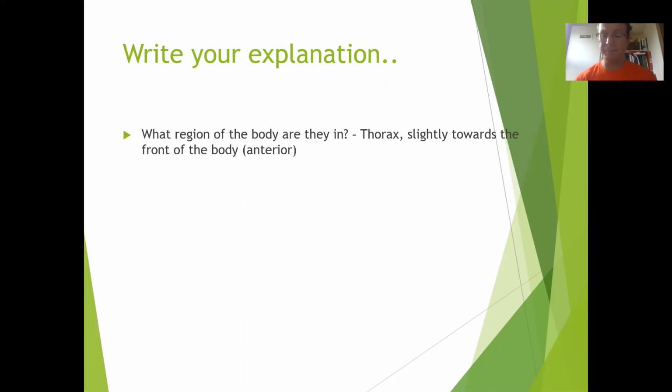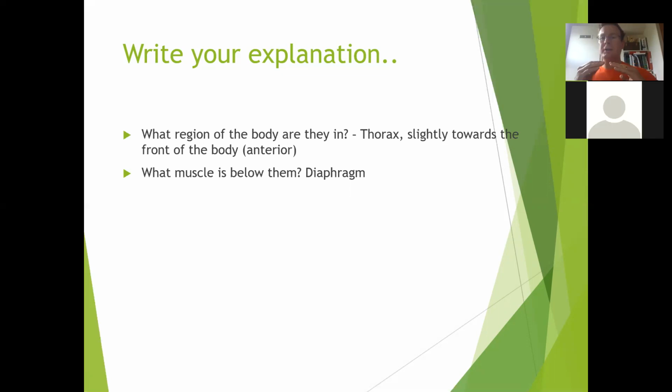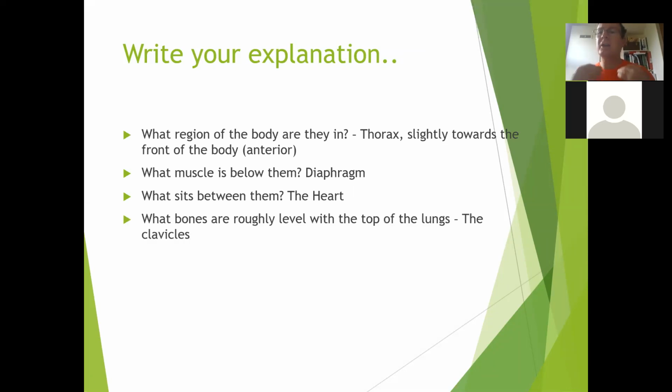You're going to tell me that either directly below the lungs is the diaphragm, or the lungs sit directly above the diaphragm. You're going to tell me that the heart sits between them, or that the lungs sit either side of the heart. You're going to tell me the top of the lungs are roughly level with the clavicles or the collarbones.